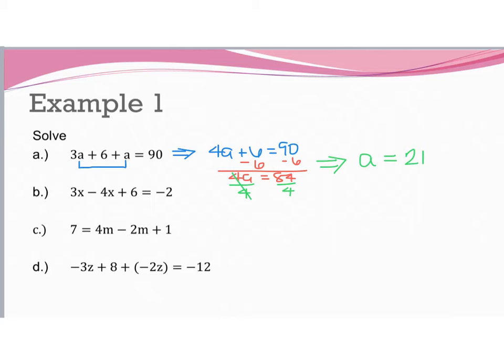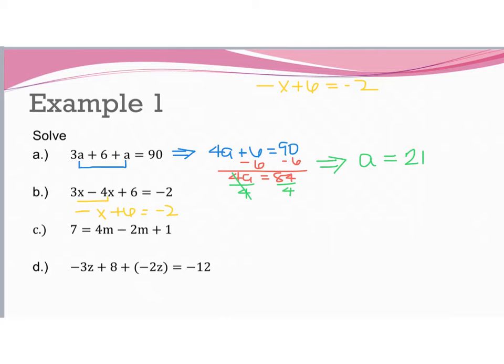Likewise, for part B, I have 3x minus 4x, so this will give me a negative x plus 6 equals a negative 2. So here I'm going to write this up top. I have negative x plus 6 equals a negative 2.